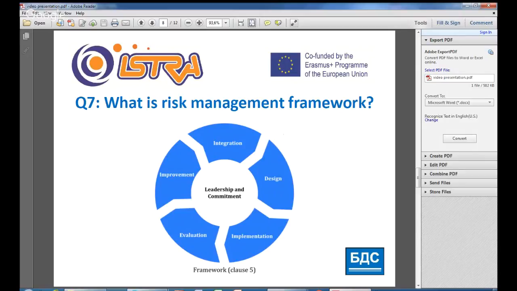The need to integrate risk management into the overall culture of the organization. The authorities, responsibilities, and accountabilities for managing risk. The way in which conflicting objectives are dealt with.